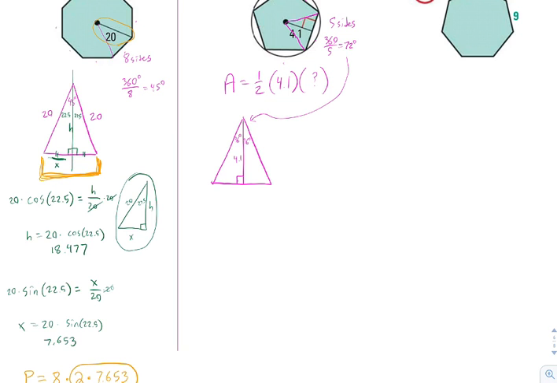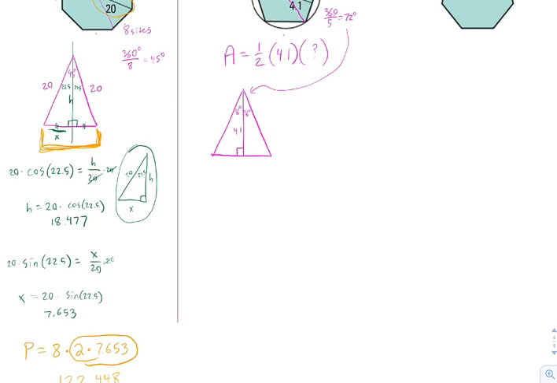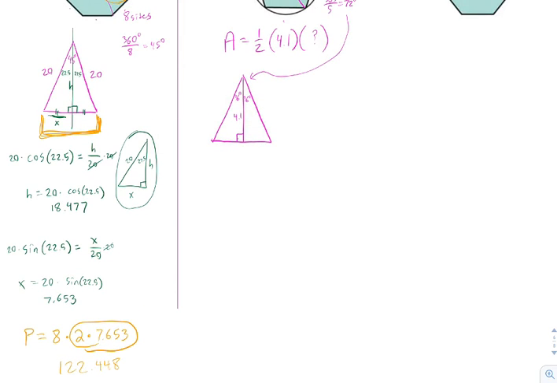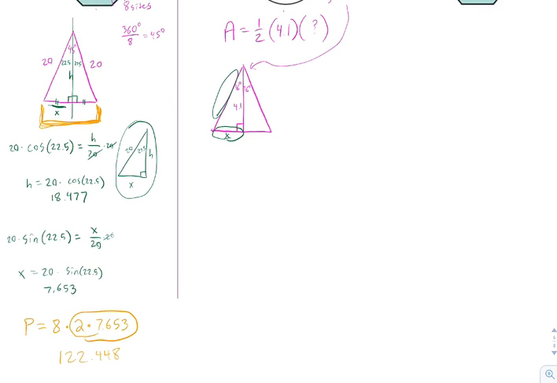So 36 and 36. Okay, so now I'm going to use some trig here. I don't need this length, but I do need this because I'm looking for the perimeter and the area. So I'm going to call that x, and I'm going to say, well, the tangent of 36 degrees is equal to my opposite over my adjacent.